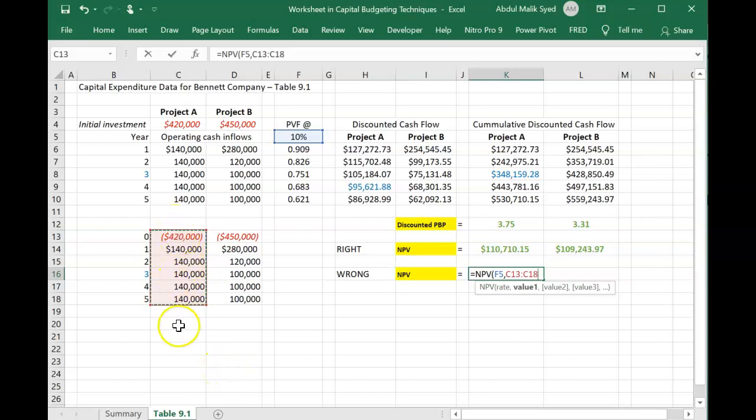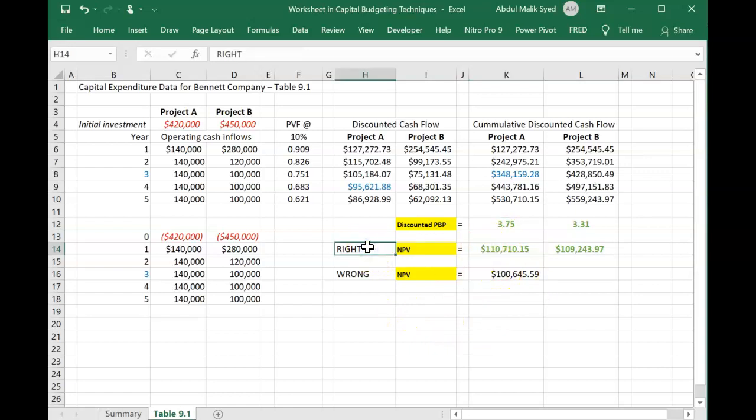So they may take all of this from 0 to 5 because the summation sign starts from time 0 and ends at the terminal year of the project. So many make this mistake. So you see the answer will be different. You get $100 as my NPV, but this is the correct approach. Correct approach. Okay.